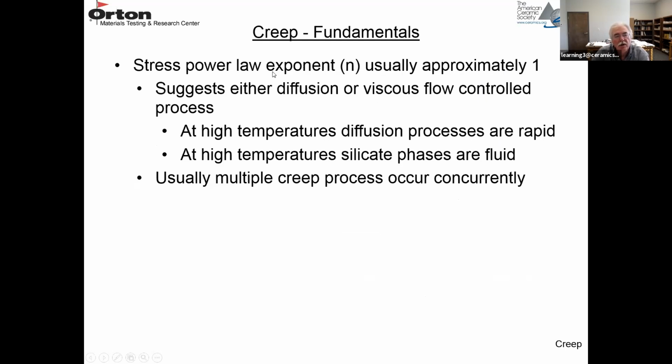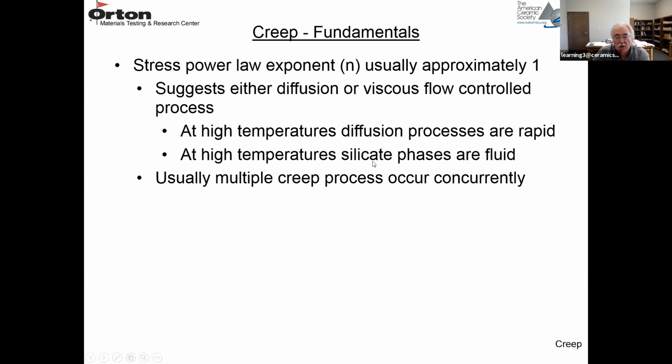So the stress exponent, n, is usually 1 for most refractory materials. That's telling you that most refractories creep by diffusion or viscous flow processes. So when you get to high temperatures, diffusion processes become rapid, so material diffuses quickly.